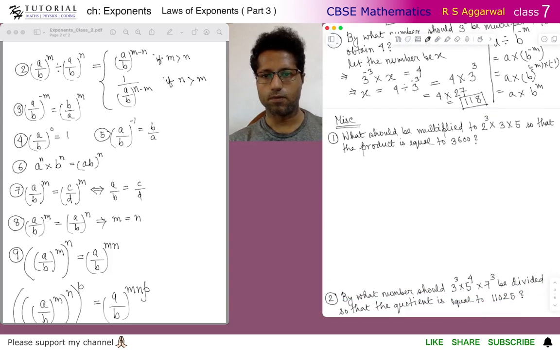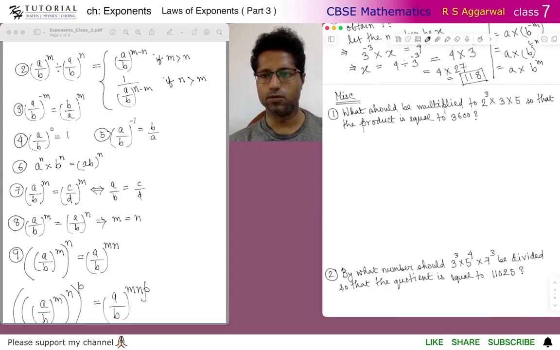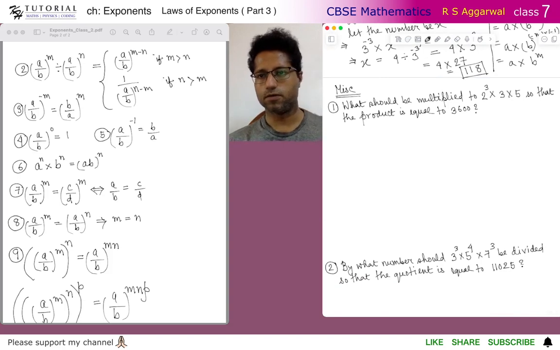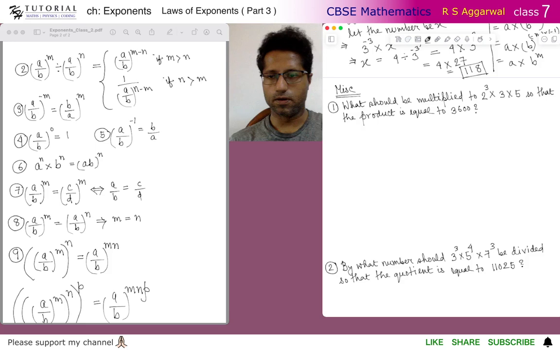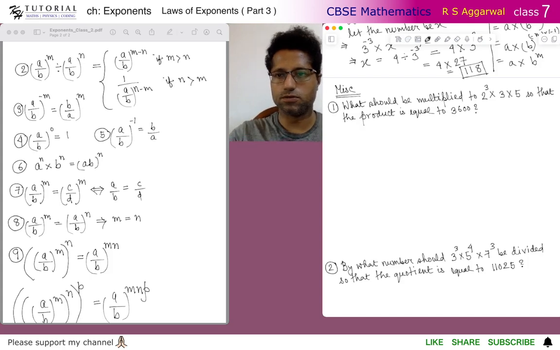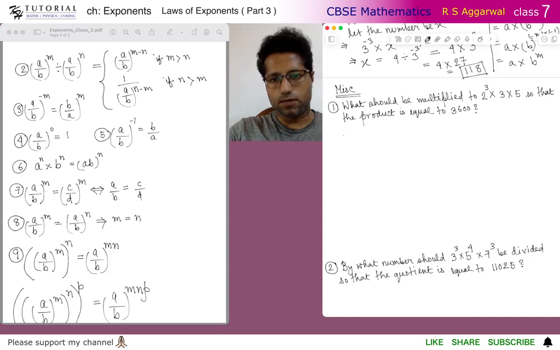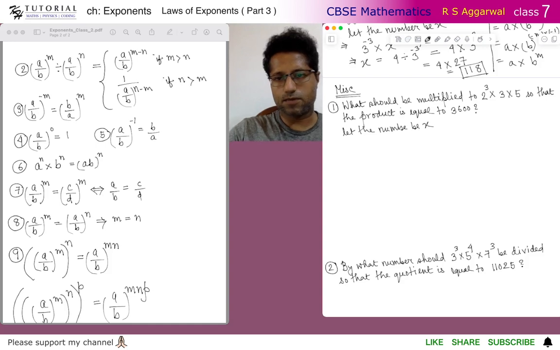Miscellaneous problem number 1: what should be multiplied to a product of 3 factors, where the first is in exponential form, so that the product is equal to 3600? As usual, let the number be x.